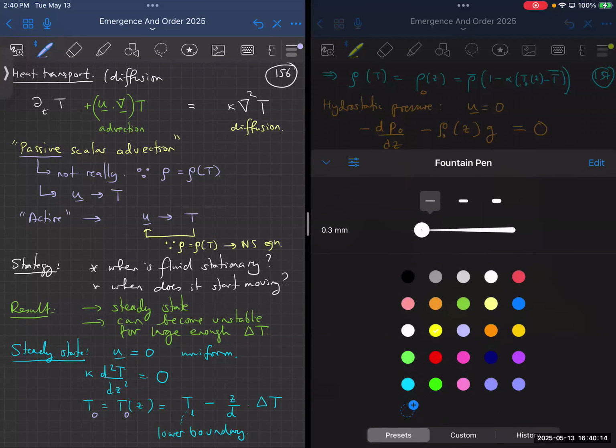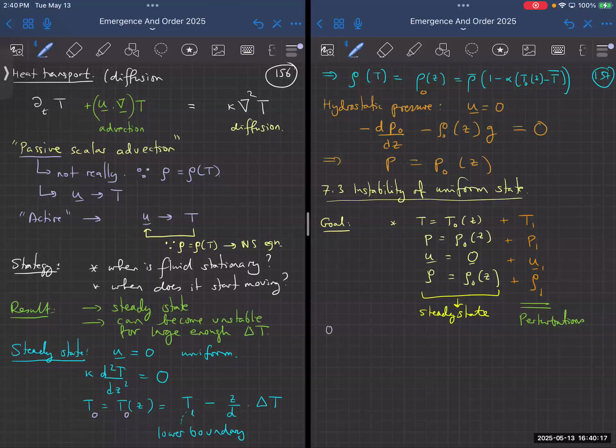And then the question that we want to understand is, what is the equation of motion for the perturbations? And we're going to do this equation of motion for the perturbations to lowest order in the perturbations. Okay, so we can get a very complicated equation, but that doesn't help us.